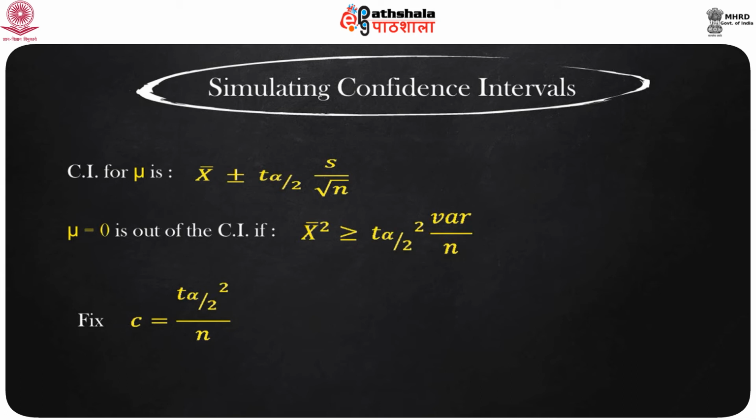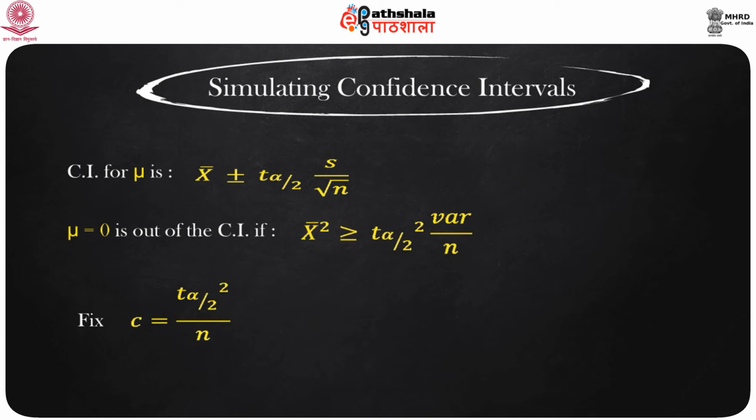For mu equal to 0, the parameter will be out of the confidence interval if x bar minus mu whole square is greater than or equal to t alpha by 2 whole square into variance by n. Just squaring this term, we can get this.